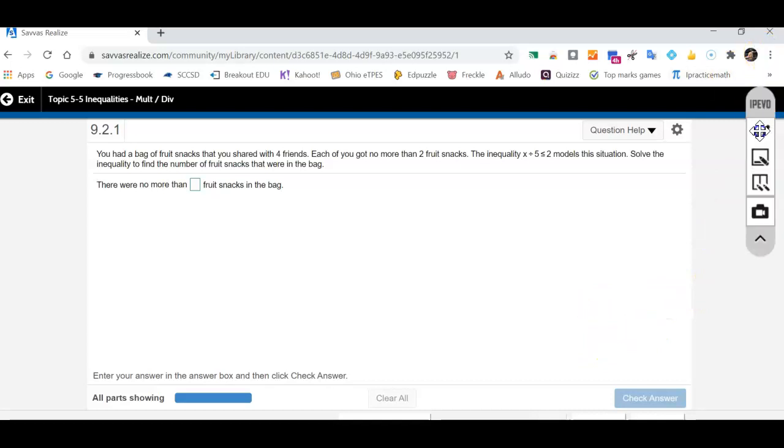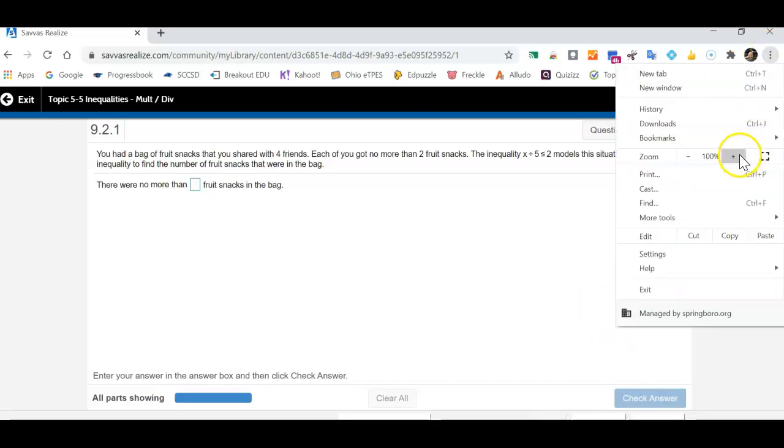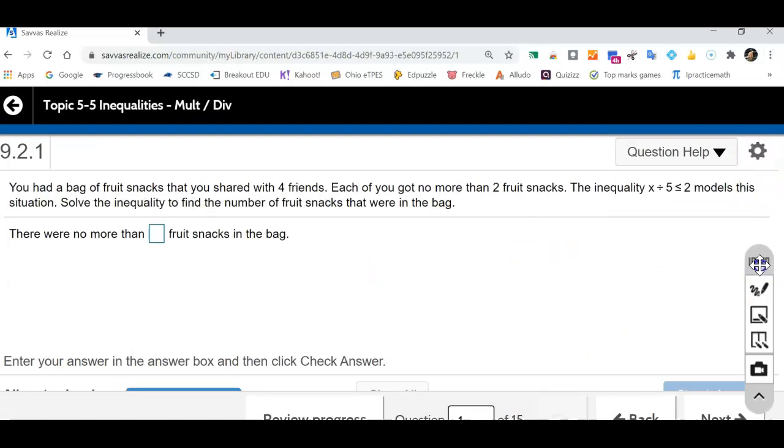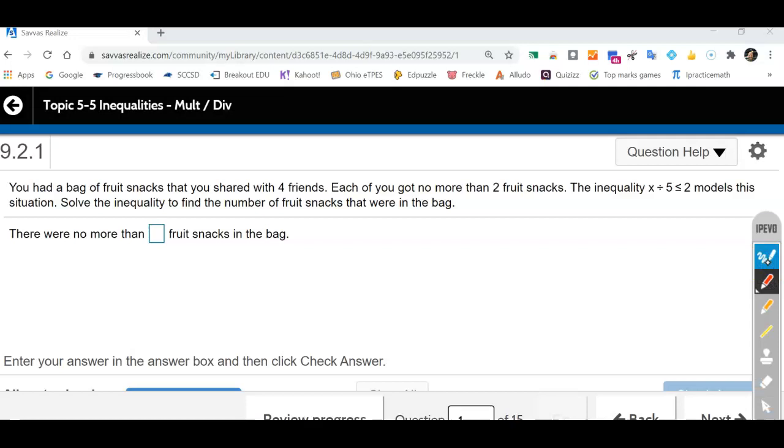This one we just had this issue last period because look at how this is worded. It says you had a bag of fruit snacks that you share with 4 friends. Each of you get no more than 2 fruit snacks.